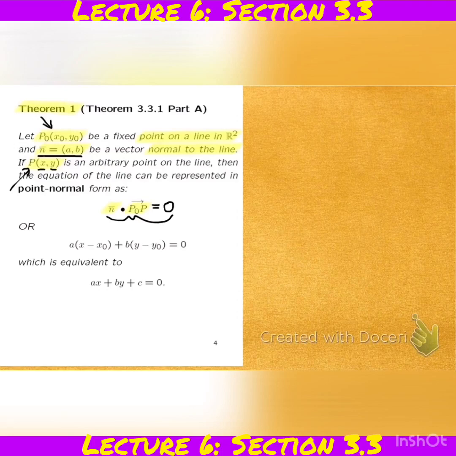That is the same as saying that this dot product is equal to 0, and that will give you the equation of the straight line. So if we were to draw this, you basically have your straight line there, and you pick a point.